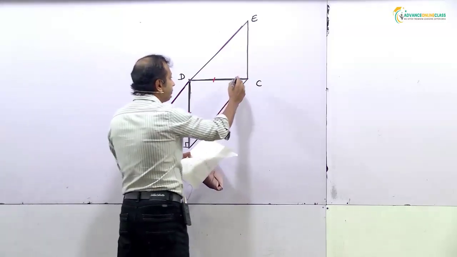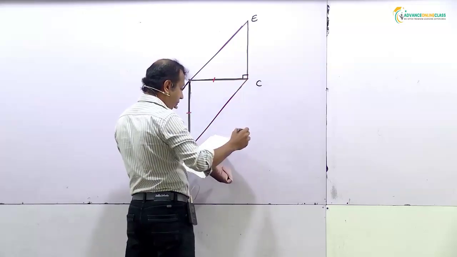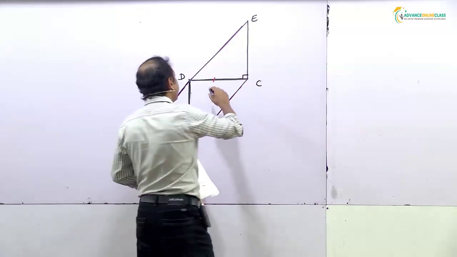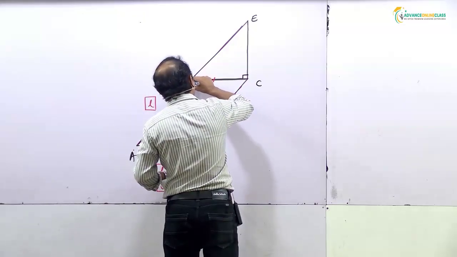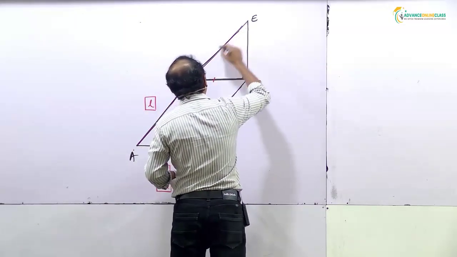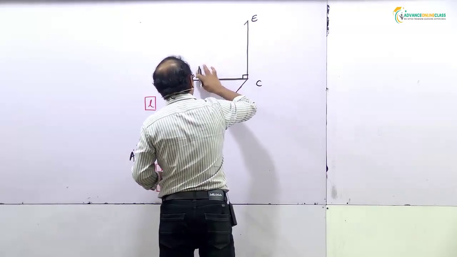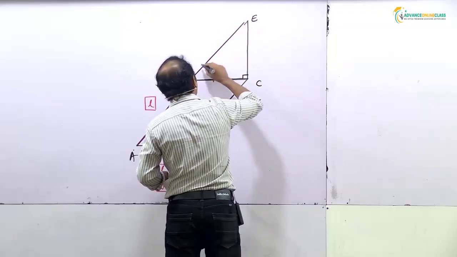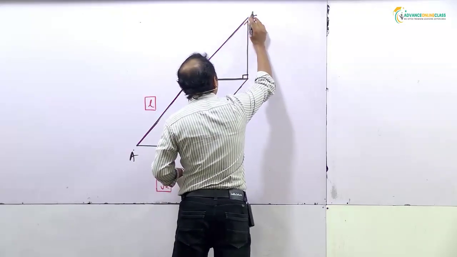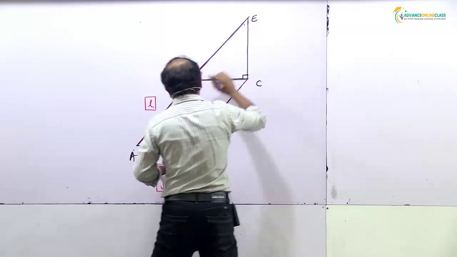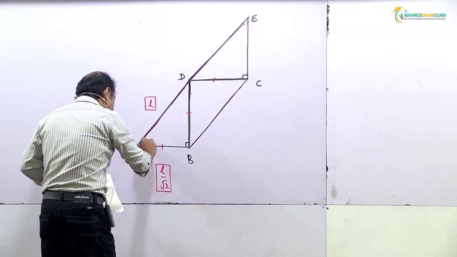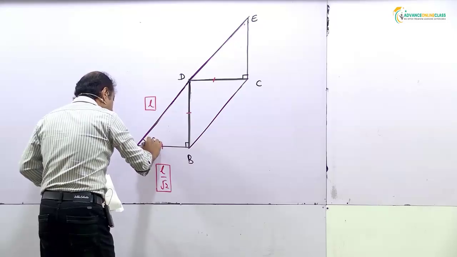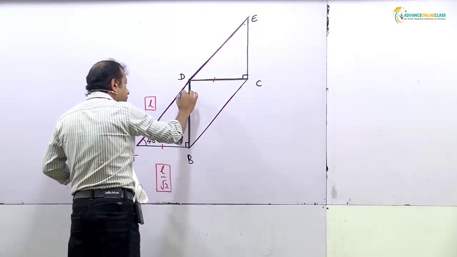Here 90. So then this is 45, yeah? This is 45. This is also 45, yeah?